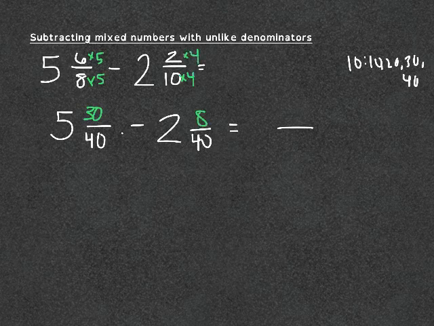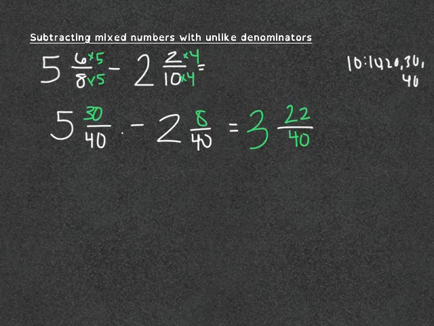And then I just subtract. 30/40 minus 8/40 is 22/40. And 5 minus 2 is 3. Now I can look and see if I can simplify my fraction, 22/40. I think about what kind of factors both 22 and 40 have.